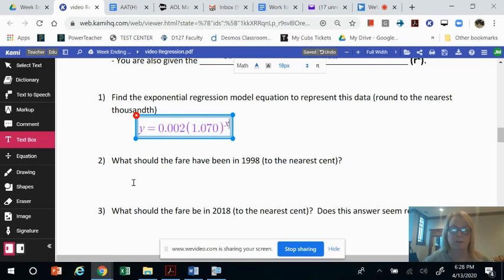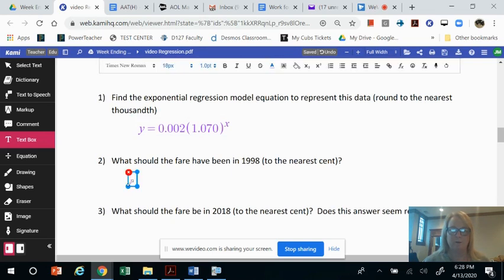So it says, what should the fare have been in 1998, rounded to the nearest cent? So we're going to take our model, oops, I forgot to type this in correctly.